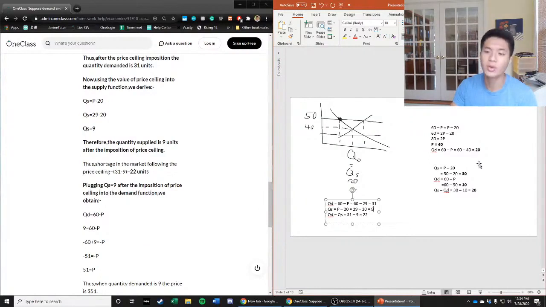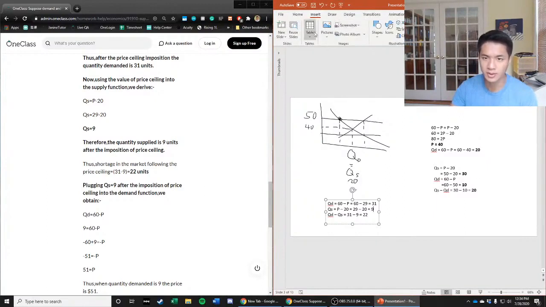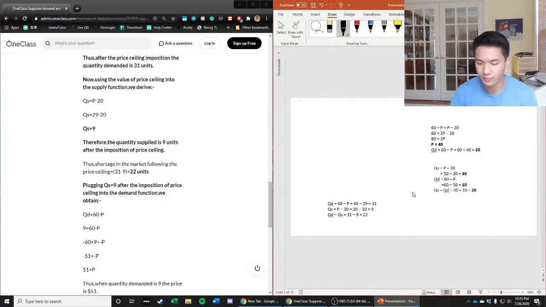And then we can plug the quantity supplied of 9 into the quantity demanded equation, and we would get 60 minus P, and I think this would be easier if I just redrew this graph. So this is just for part C. We have our demand, we have our supply, we have equilibrium.